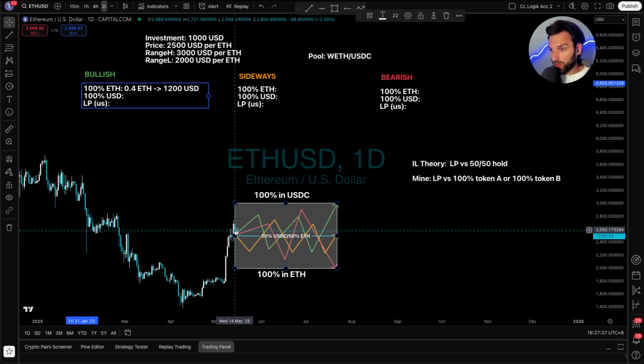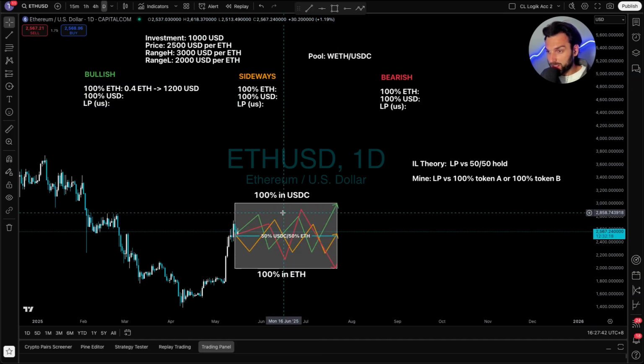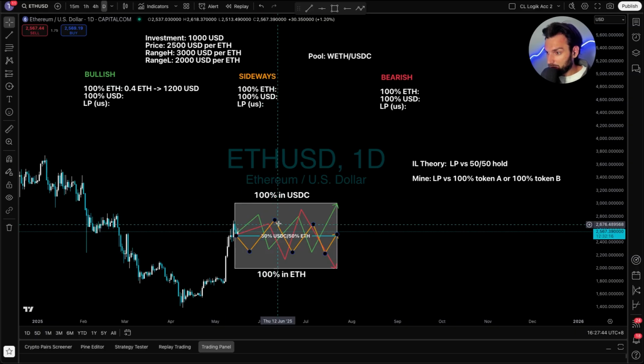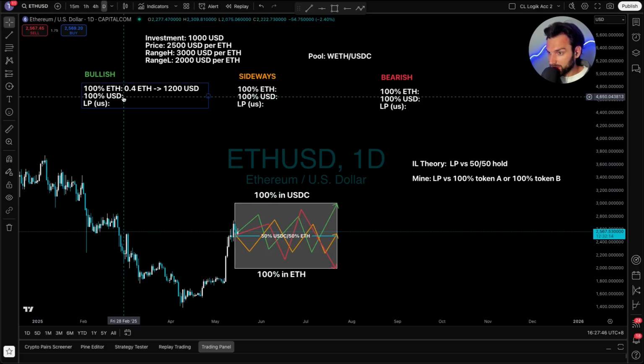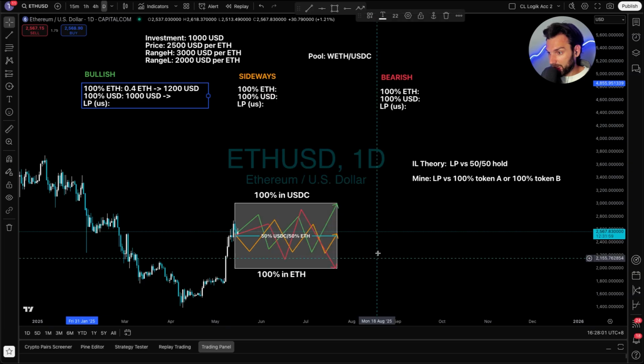Then the holder of 100% USD, well, the price of Ethereum went up, but of course that person wasn't exposed. He was in USD dollar value. So his dollar value stays exactly the same, and he can buy less ETH with it at the top price, right? So he lost in Ethereum. So he started with 1,000 USD. And right now, how much ETH can he buy?